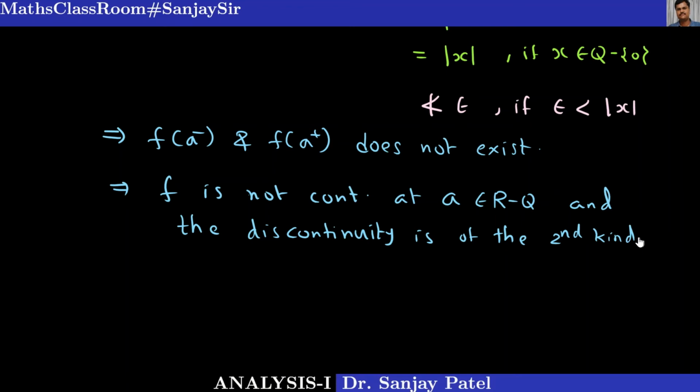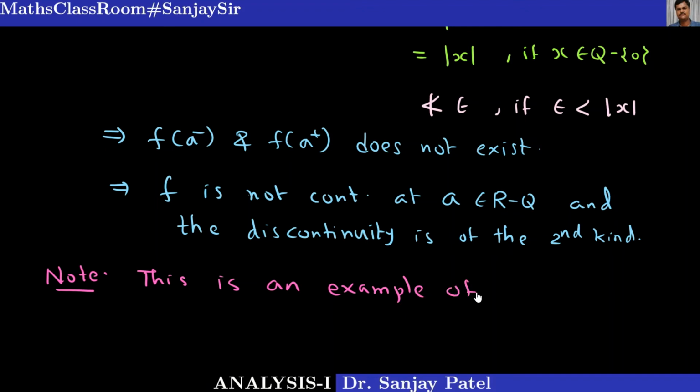Okay, so we have done this example, and the important thing about this example is that it is a very interesting example of a function which is continuous only at one point. If someone asks you, you can give this example. So I am just making a remark.